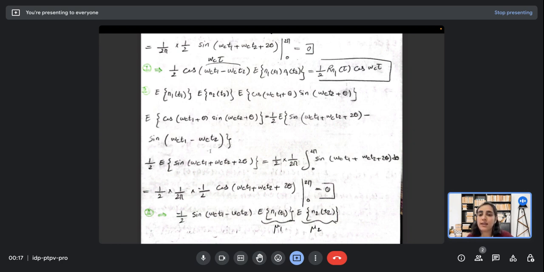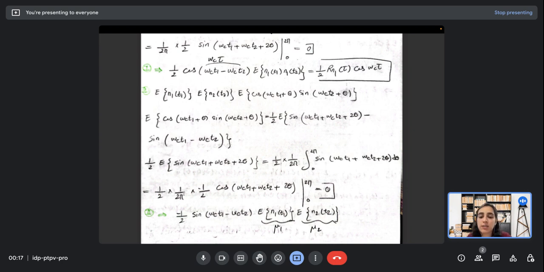Again, one of these has no random variable and is constant, so it comes out of the expected value. So we should calculate the expected value of sine of WC t1 plus WC t2 plus 2 theta, and after doing the integral, we will come to 0.